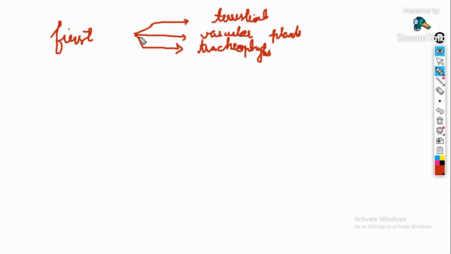After that, we can say that they are known as the reptiles of the plant kingdom. Bryophytes are known as amphibians of the plant kingdom, and pteridophytes are known as reptiles of the plant kingdom.